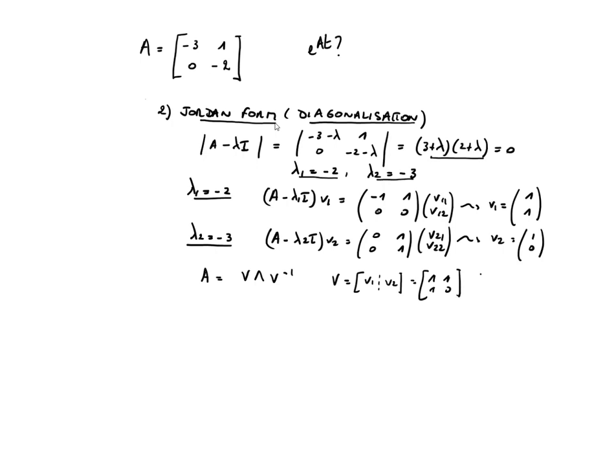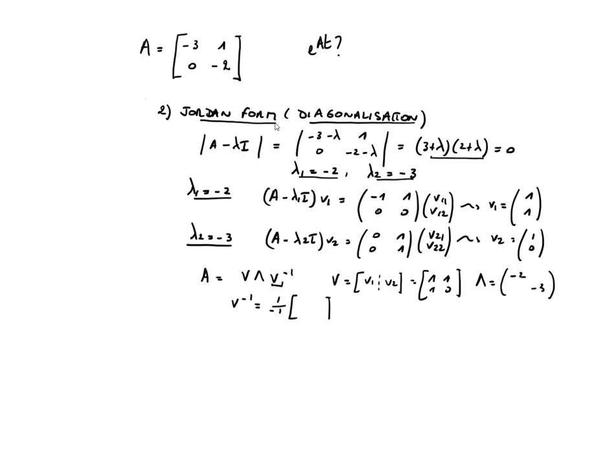And Lambda is simply a diagonal matrix with the eigenvalues on the diagonal. What we'll need here is V inverse. V inverse is 1 over the determinant, so 1 over minus 1.